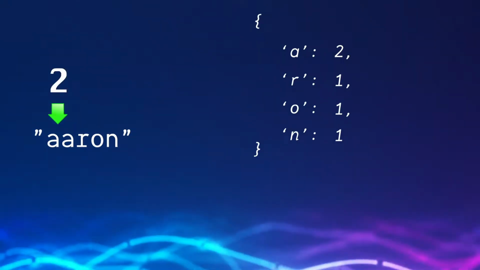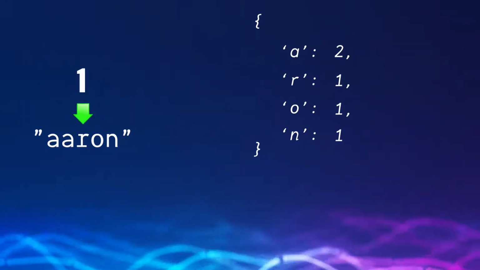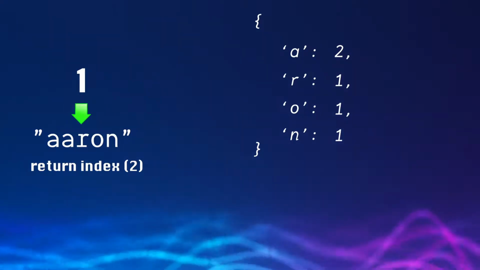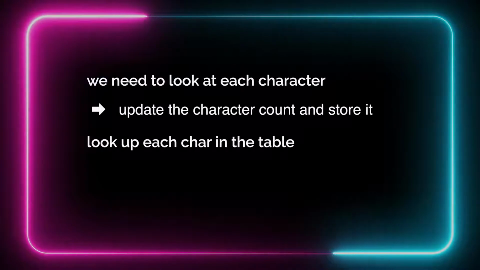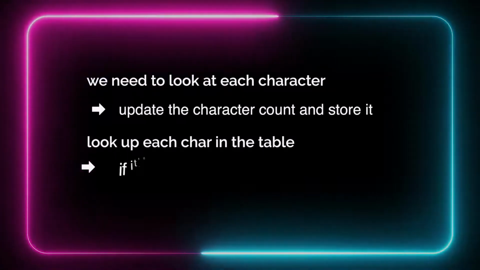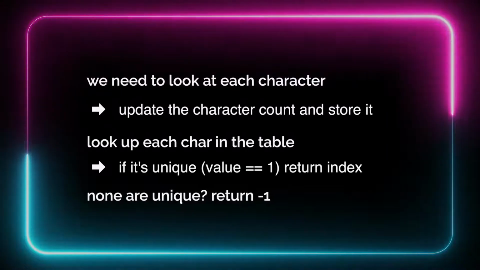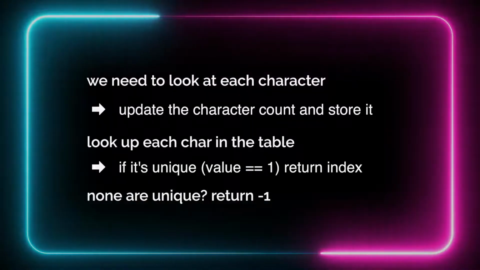That means we'll have to loop through our string again, pull each item out of the hash table, and then the first one that is unique, we can return its index. So this gives us a complete pseudocode plan. So it's at this point, if you want to try to code this yourself, go ahead and pause the video. Otherwise, we're going to continue on and dive into the code.